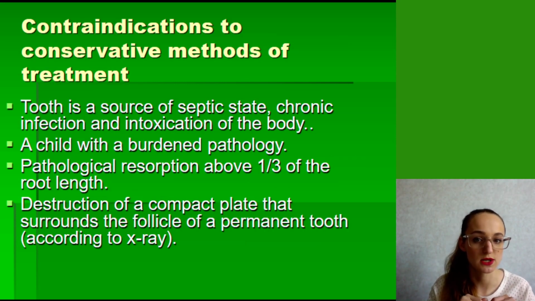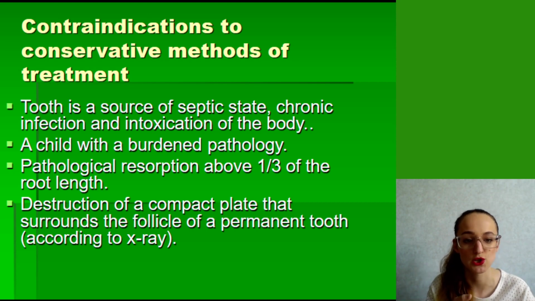Contraindications to conservative methods of treatment. You should know that the tooth is a source of septic stage, chronic infection, and intoxication of the body, and a child with a burdened pathology.